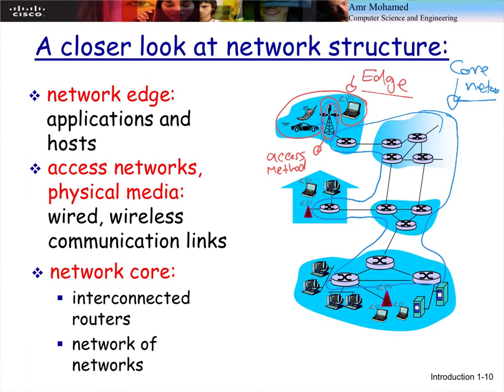So this access method provides some level of sharing, and this sharing has to be controlled. If we are sitting in a meeting, we have the same floor. If all of us talk at the same time, it's going to be a big mess. So we have to have some way to share the floor of the meeting, for each of us to speak at a certain time and so on and so forth.